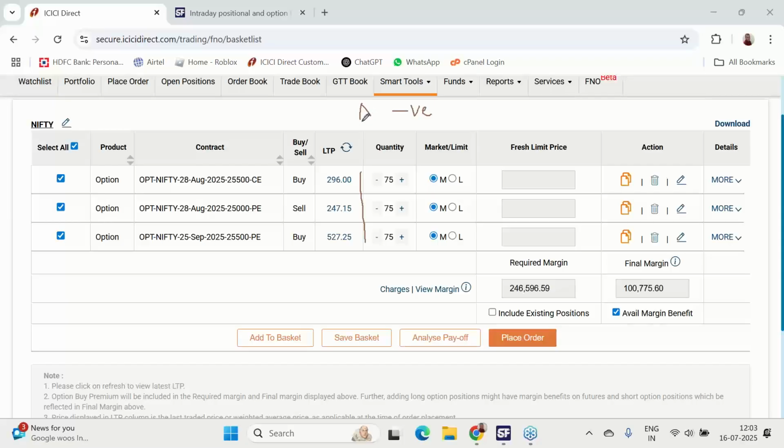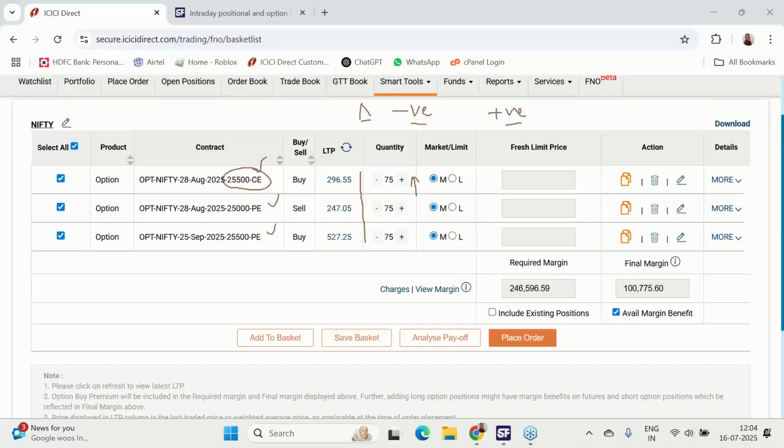The delta of the call and the puts added together is negative. However, once the price moves up and comes near 25,500, without doing anything, this delta will become positive. Quite interesting. Without any adjustment, the strategy's delta flips from negative to positive.